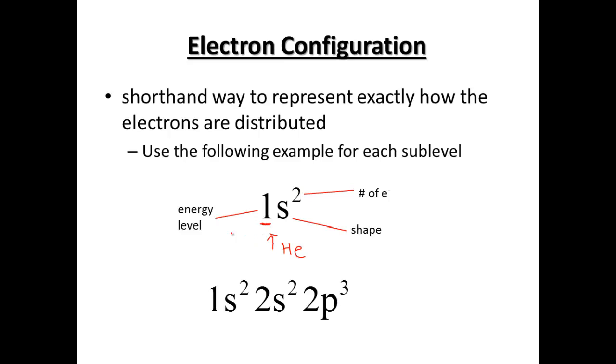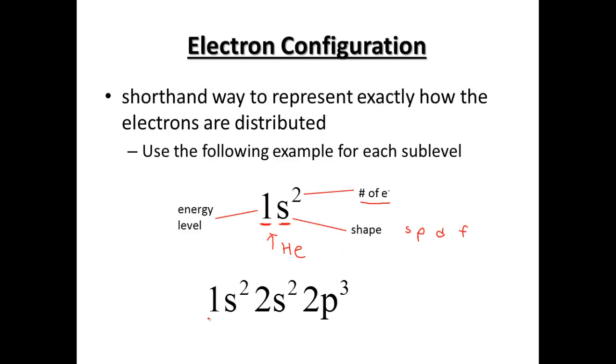So what energy level are the electrons filling in? The s tells us the shape. Is it going to be s, p, d, or f? And then the number written as a superscript, up in the air, is going to be the number of electrons. So it's our shorthand way to write it.